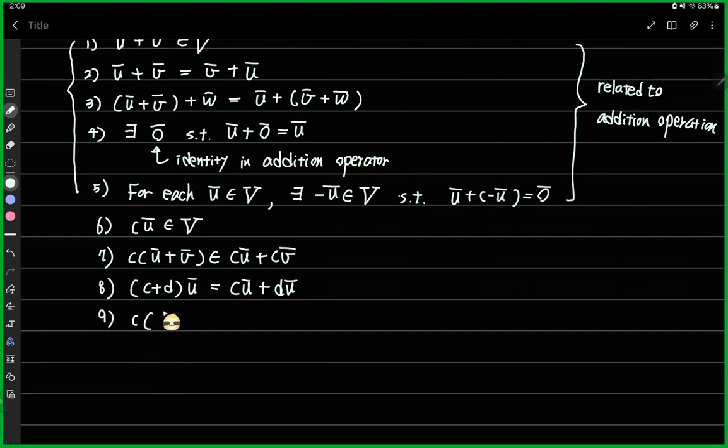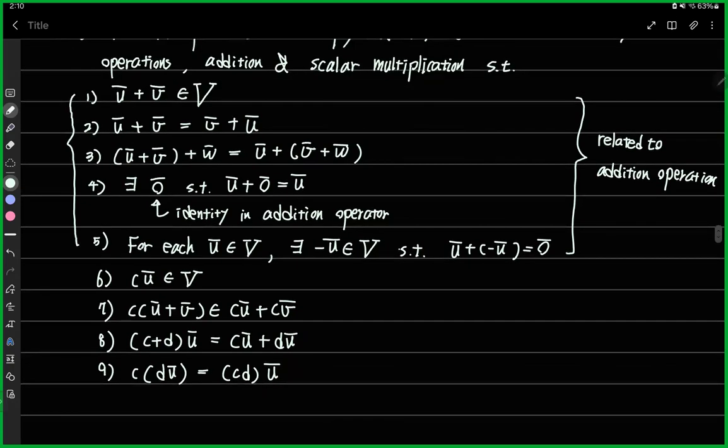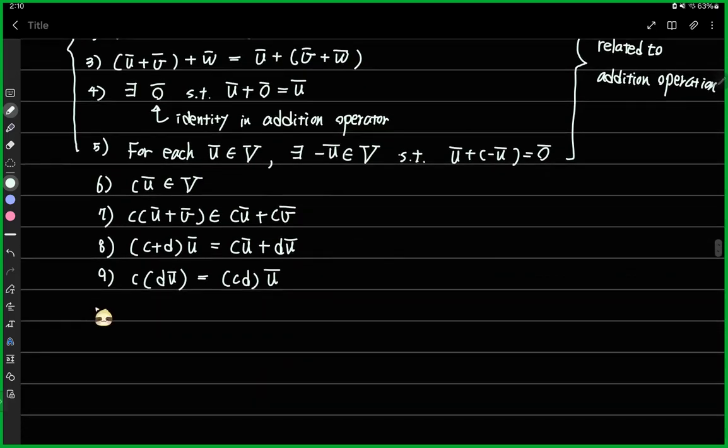9: C times Du is equal to CD times vector u. Okay, that's an associative property of scalar multiplication. So the earlier ones are distributive, and this one is associative. So then the last one, 10: 1 times vector u is equal to vector u. So here 1 is the number one.